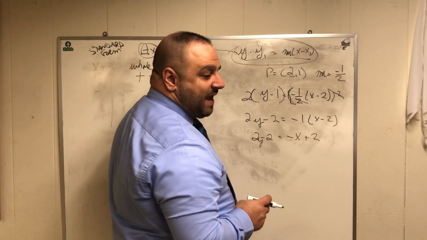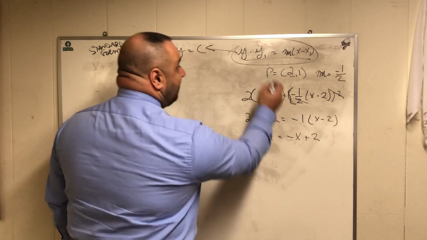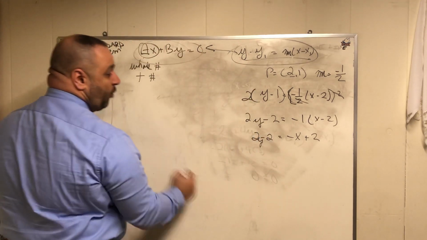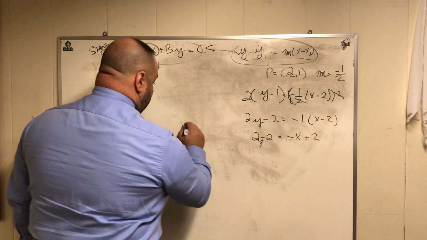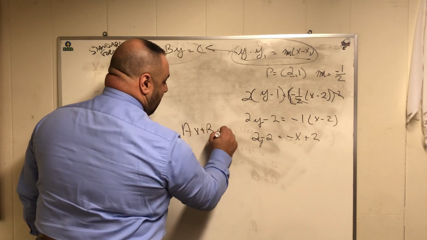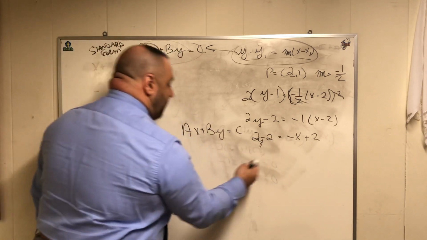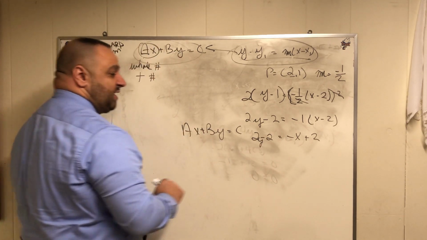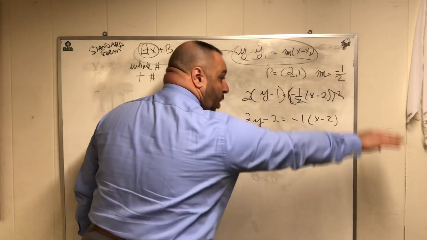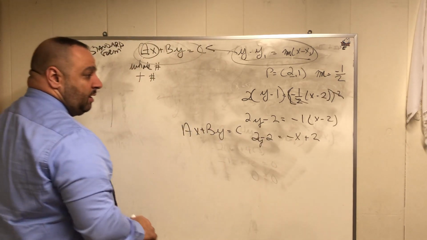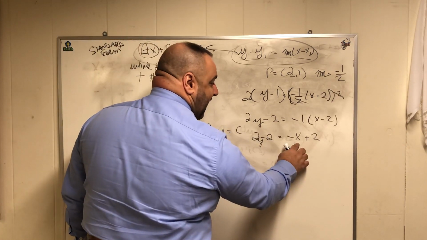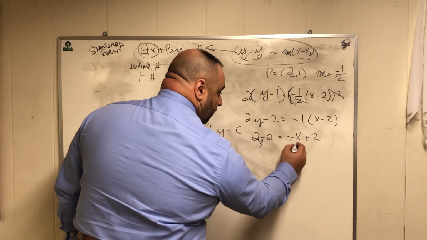And then once we get that, now we want to begin to put it in this form. So ax plus by equals c. All right, so let's get x and y on the left side of the equation, and let's get the whole numbers on the right side of the equation. So we've got to add x to both sides.